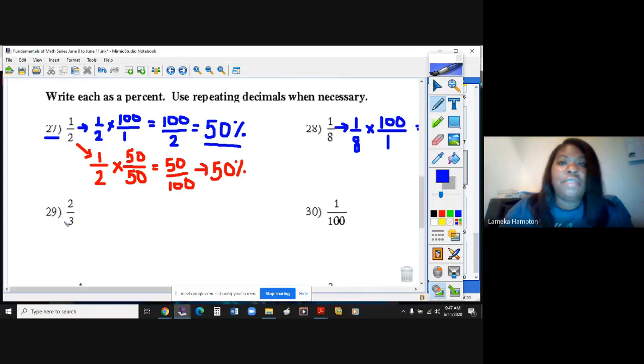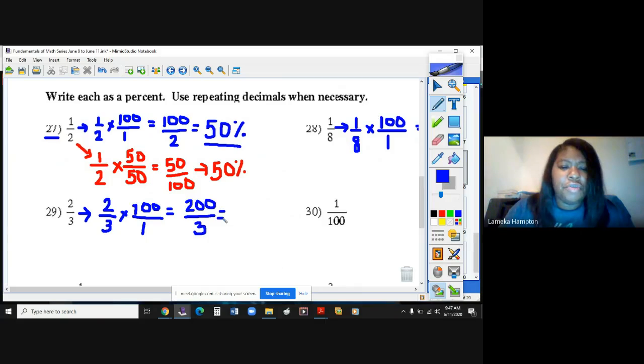All right. Same thing with number 29. 3 is not a multiple of 100, so I can only multiply 2/3 by 100 over 1. That's going to give me 200 over 3.